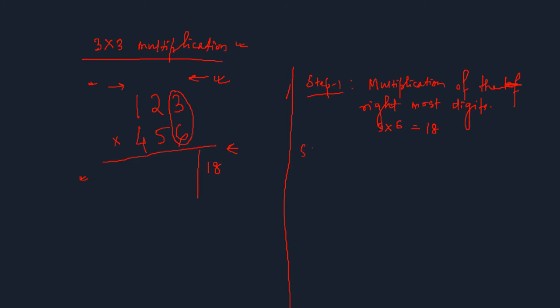Moving on, we'll go to step 2. In order to easily remember this, you can follow these steps. Now that we have started with right, we will finish the operations from the right first. Now imagine what you used to do in case of a 2 by 2 multiplication.